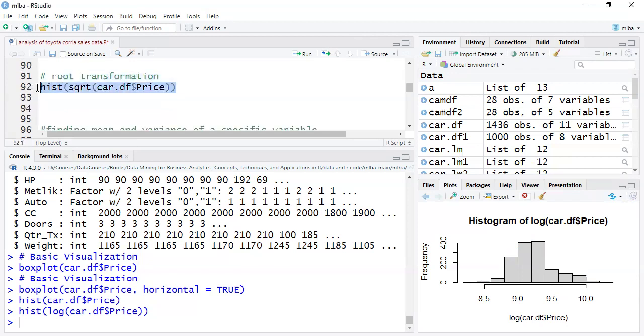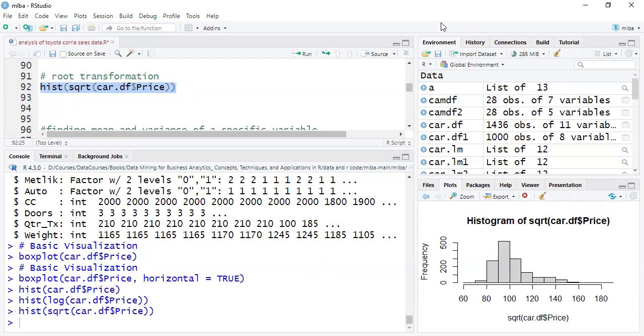Now, if you want to take the square root instead of the logarithm, as I mentioned, the square root of prices, I used the SQRT function. What is the SQRT function? It takes the square root of all the prices and then makes the histogram. After taking the square root, I'm just running the command again. You can see that after the square root, the symmetry does not change. It is still right skewed.